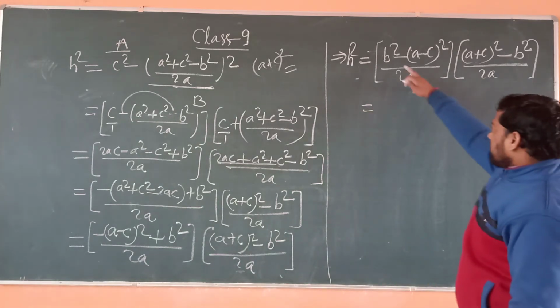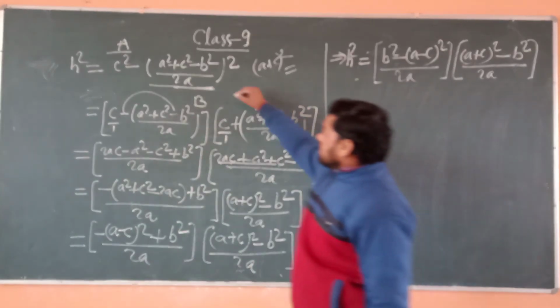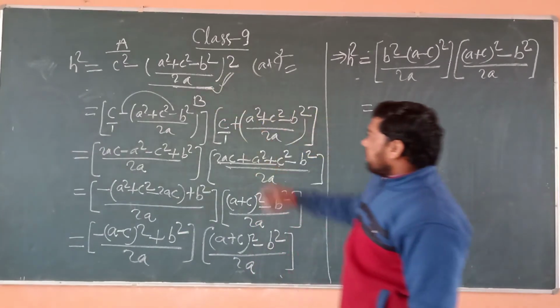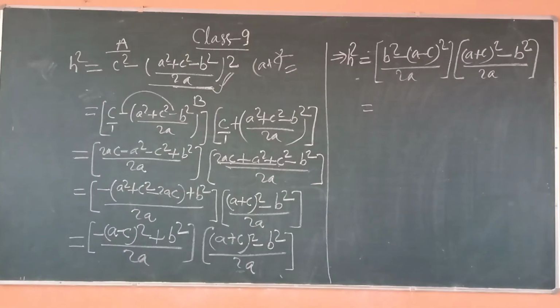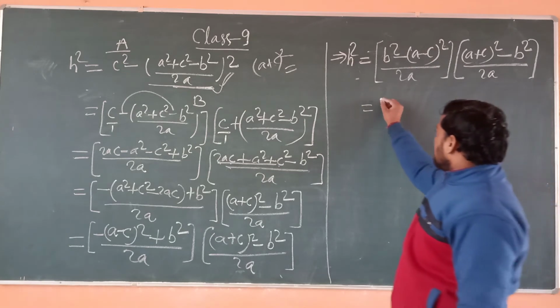See, this is the form of a square minus b square. Again, it is the form of a square minus b square, so a minus b into a plus b, like this.